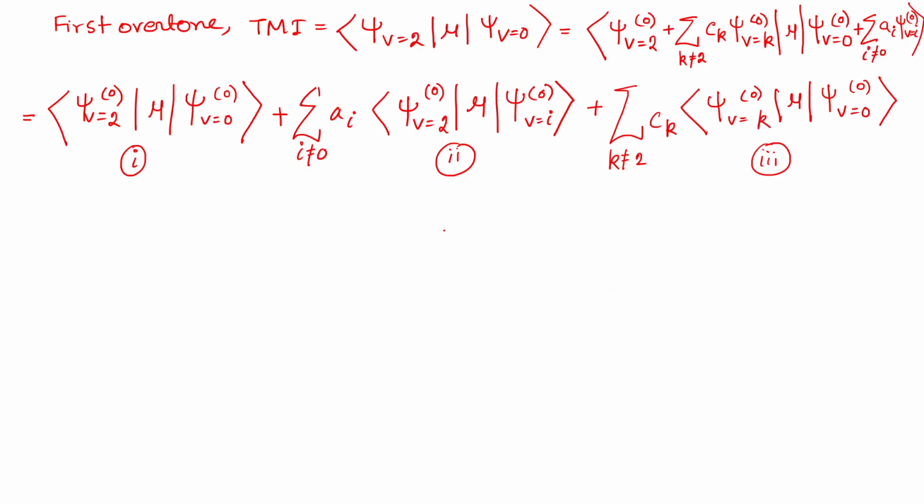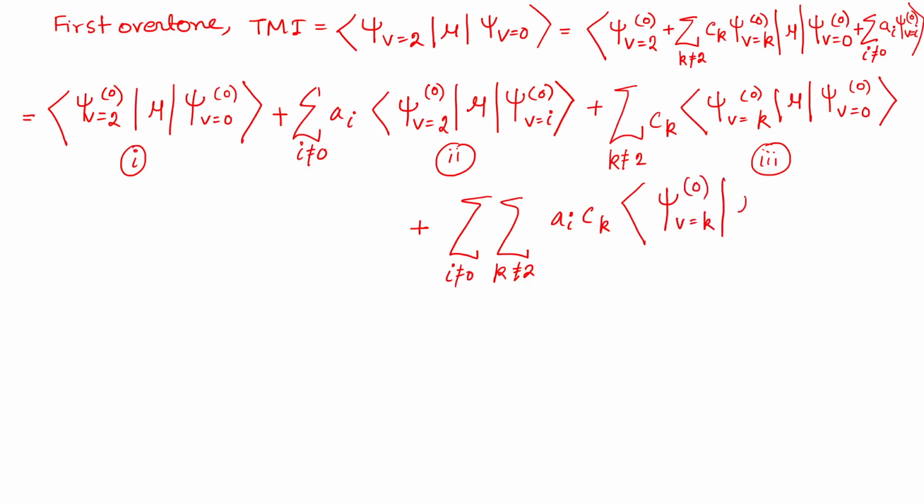And my fourth integral is again the product of this: i not equal to 0, k not equal to 2, a_i c_k, ψ_v=k, 0, dipole moment operator, equals i, 0. This is my fourth integral.